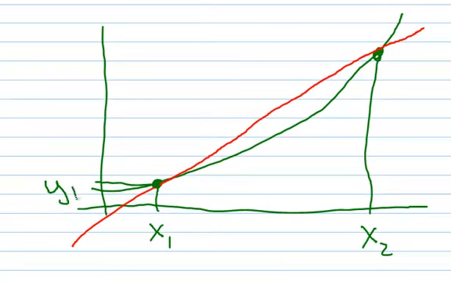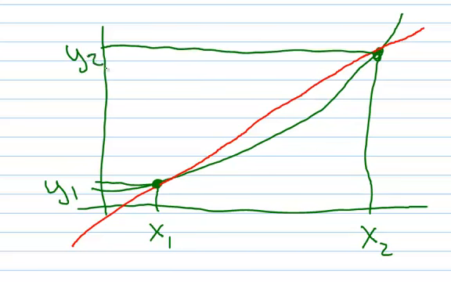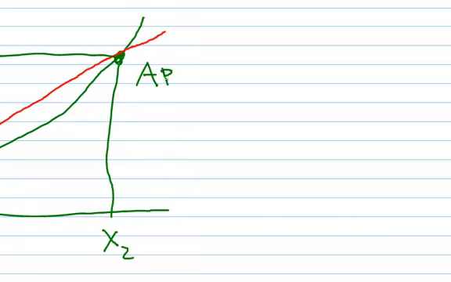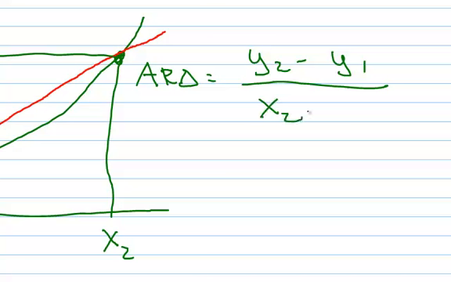We'll call it y sub 1. And this second point also has some y-coordinate. I will call it y sub 2. And so you calculated the average rate of change. You said that was y sub 2 minus y sub 1 all over x sub 2 minus x sub 1.